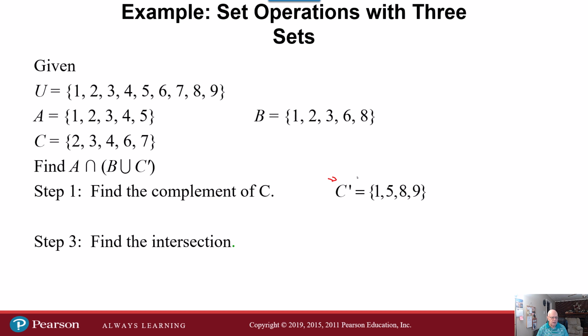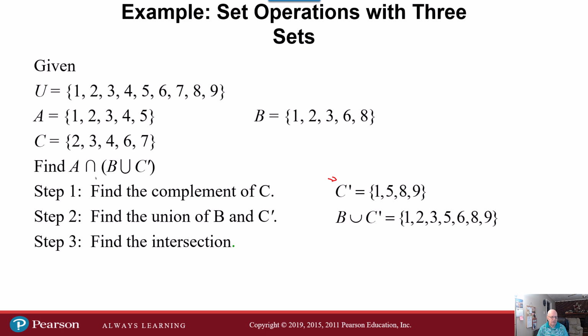So you'll have 1, you'll have 2, you'll have 3, you'll have 5, you'll have 6, 8, and 9. And then that is this second set, B union C complement. Then you can do the intersection. So the union of those two, there we go.